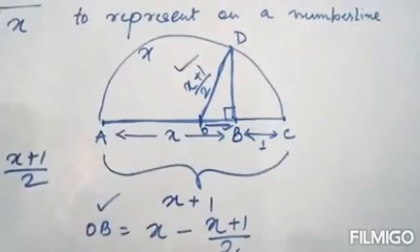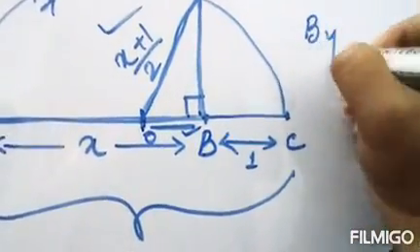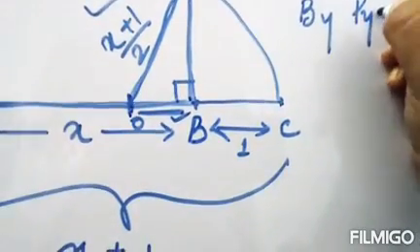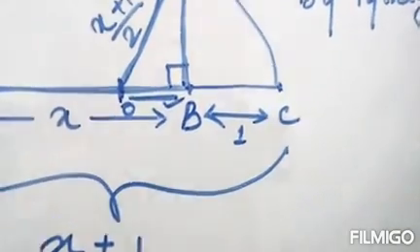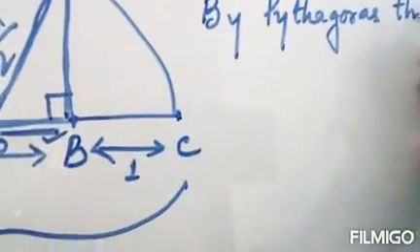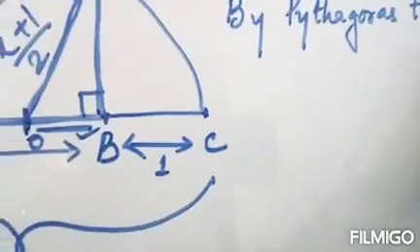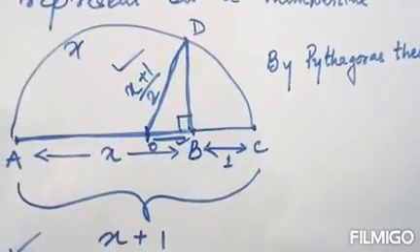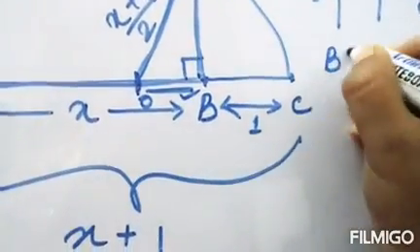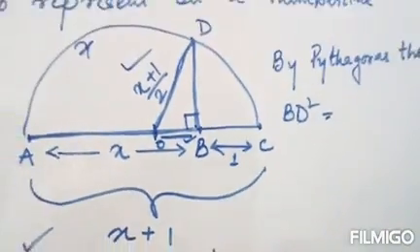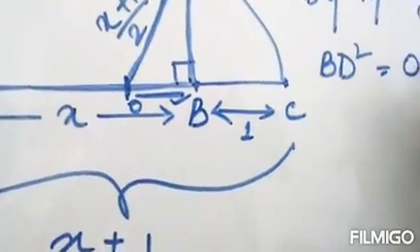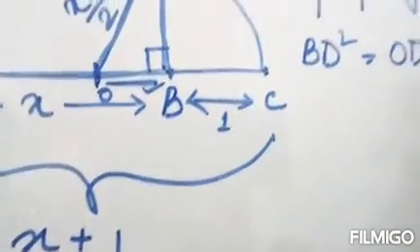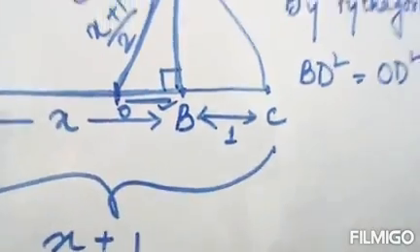This is very easy to find because by Pythagoras theorem, BD square will be OD square minus OB square, right?